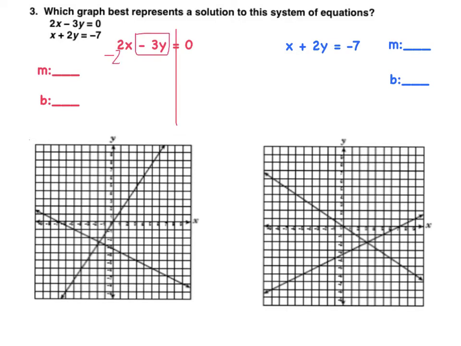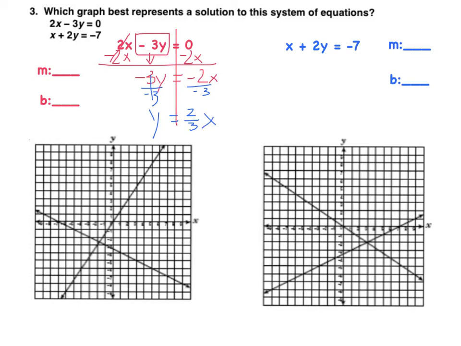I'm going to subtract 2x to both sides because that's doing the opposite. We cancel what's beside it. We get negative 3y equals negative 2x. Do I have to write plus 0? No. My last step is to divide everything by negative 3, and I end up with y equals positive 2/3 x.